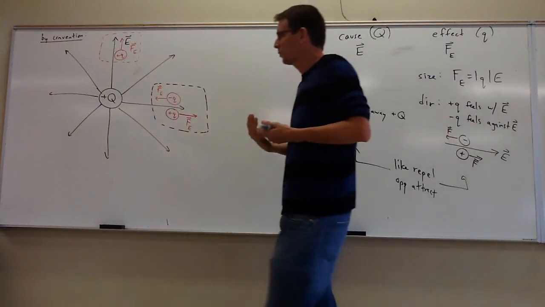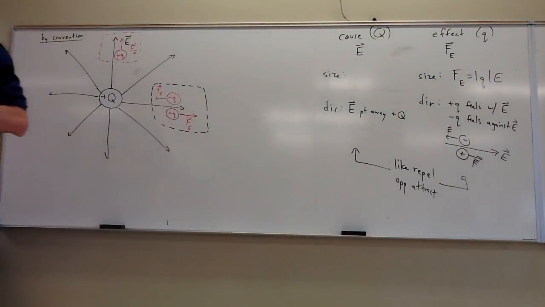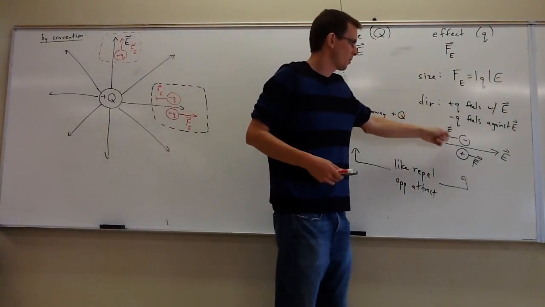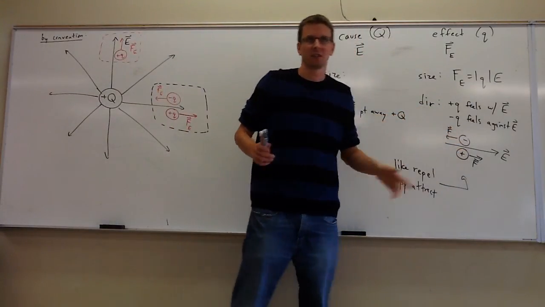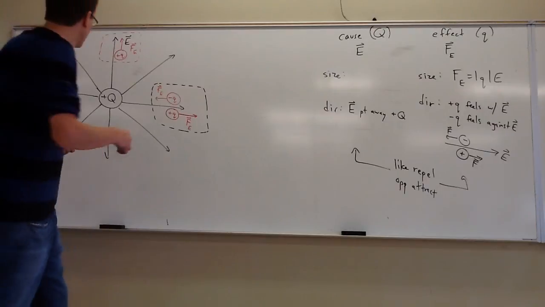So the only thing we really have to do now is to make sure that this holds when big Q, which is causing the field, is negative, by drawing the field appropriately so that we can count on these same force conventions. Because remember, the local field, who knows what causes it? So let's see what we have to do.